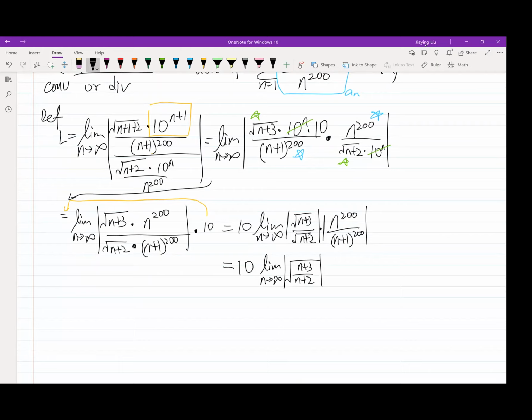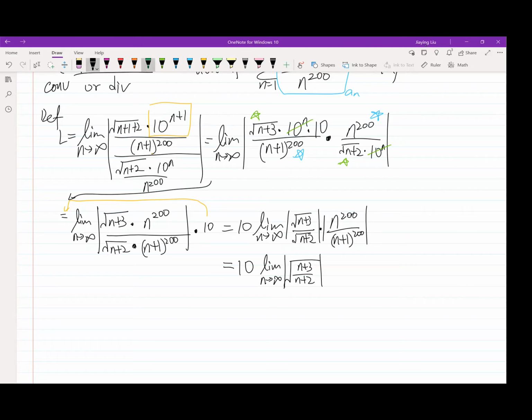And what about the one that has the 200 power? There's a couple of things you can do. You can bring them together as one expression underneath with the same exponent, like we did with the square root.